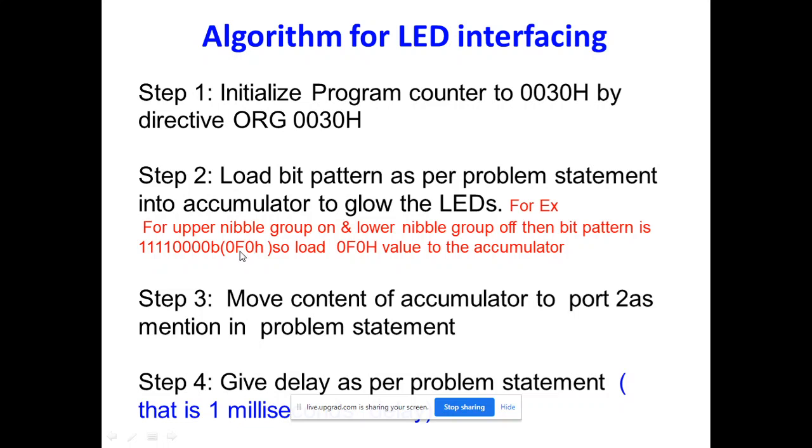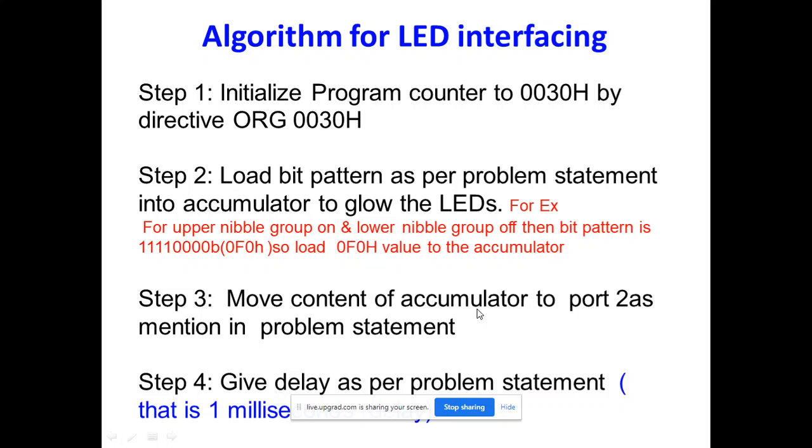We can't directly place F0 because the number starts with F, that's why we write a 0, because a number must start with a numerical value. If it starts with an alphabet, you must write 0, otherwise your controller will give an error. That's why I am placing 0F0H into the accumulator.